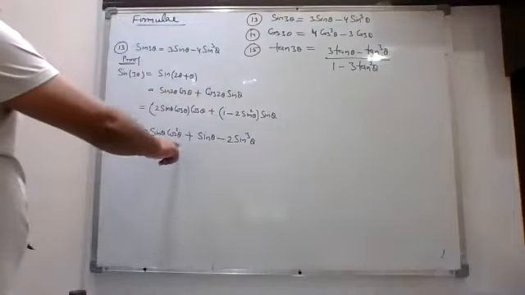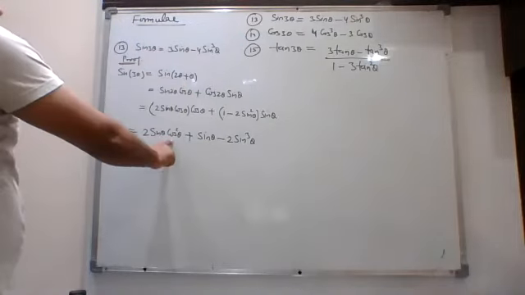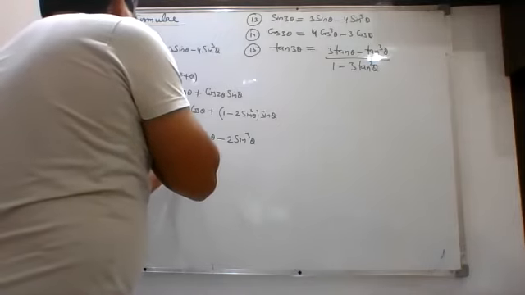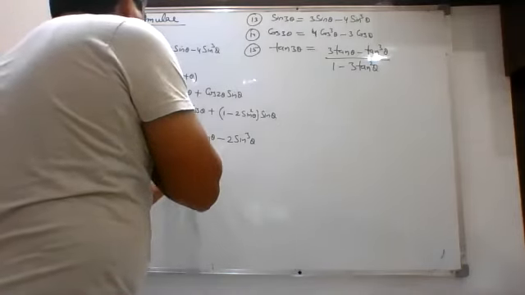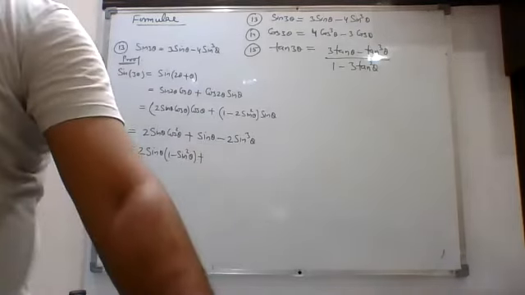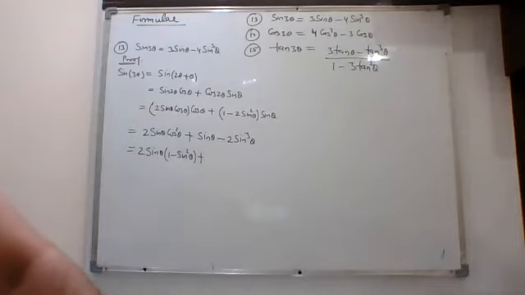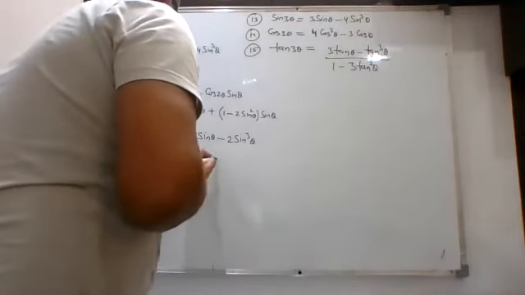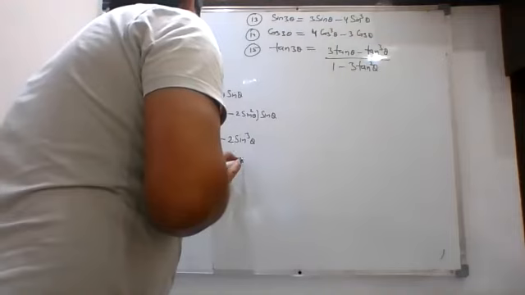Now we want everything in terms of sin. So let us rewrite cos square theta as 1 minus sin square theta by the class 10th identity. When you rewrite it in this form, just write down the rest as it is.